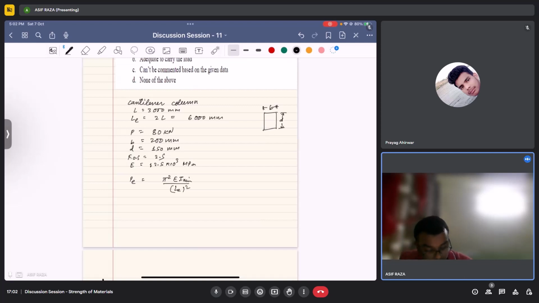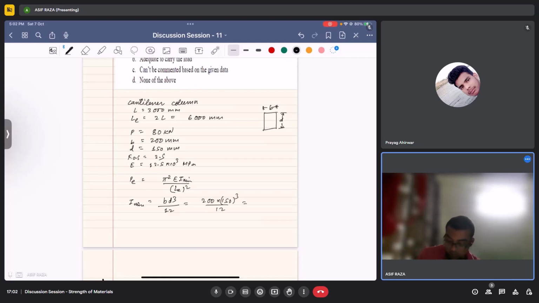So to find this, we need to find I minimum, and that would be BD cube by 12, and that is 200 into 150 cube by 12.